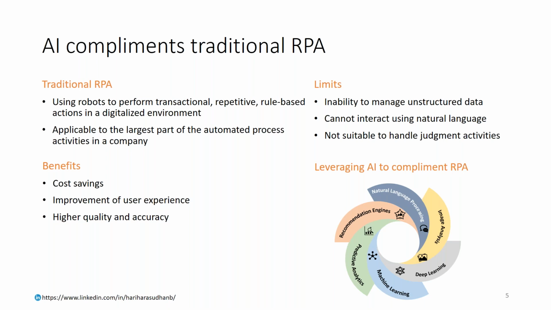We'll speak more about it. So the advantages of RPA, why people want to go for automation and RPA, is because it is cost saving, it is very easy to implement, and it improves quality and accuracy.